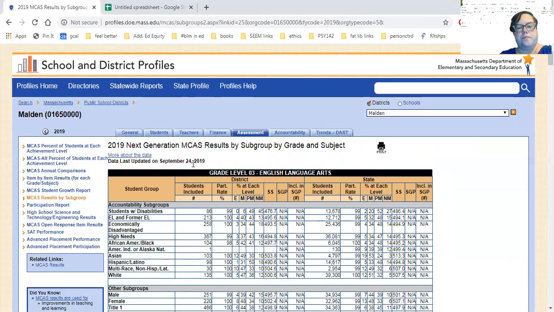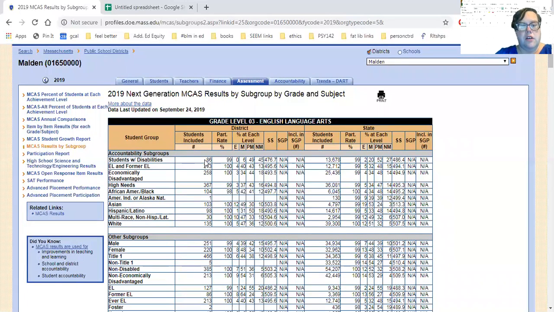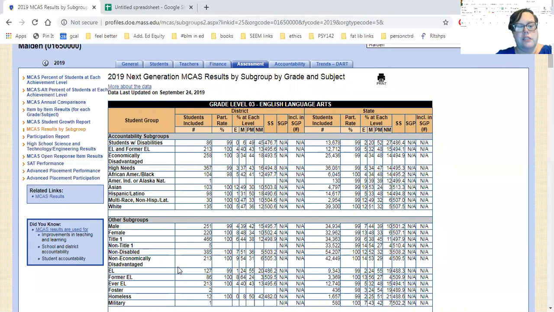So great, I'm looking at this, and say I want to think about how students of different races are doing on the MCAS, or how students with disabilities are doing in comparison to students without disabilities, which are down here under this other subgroups.